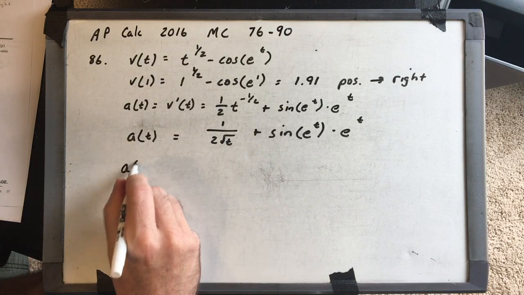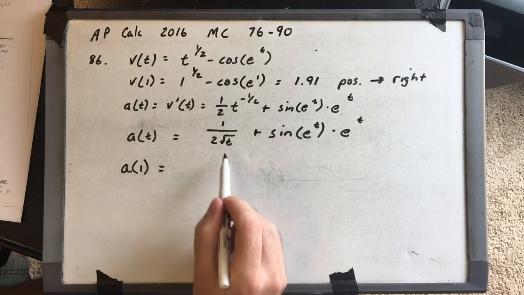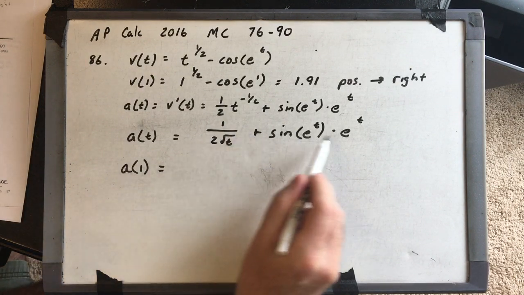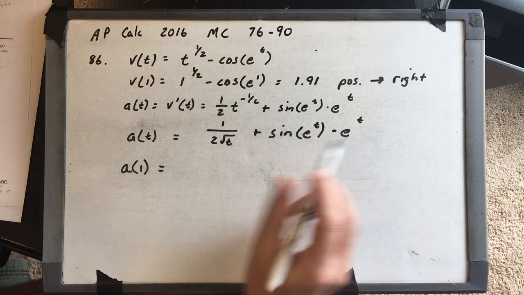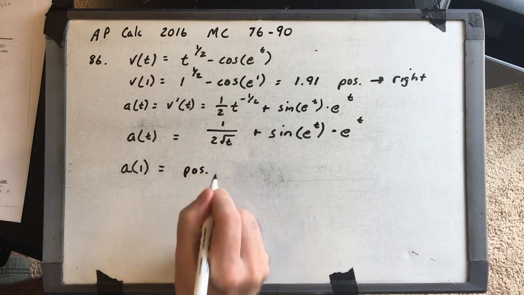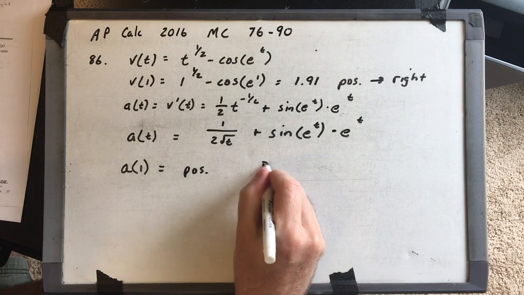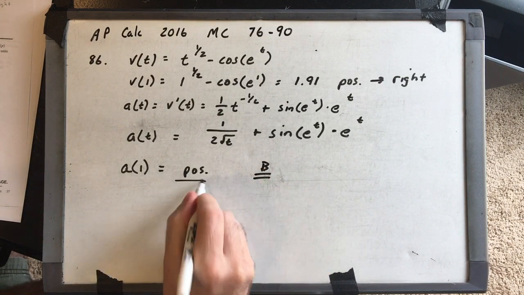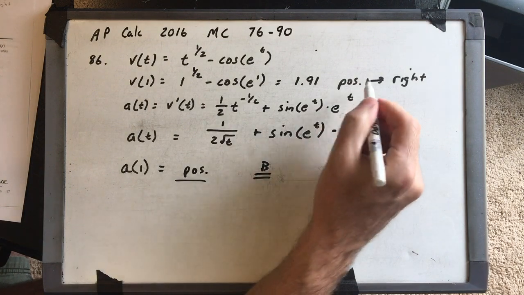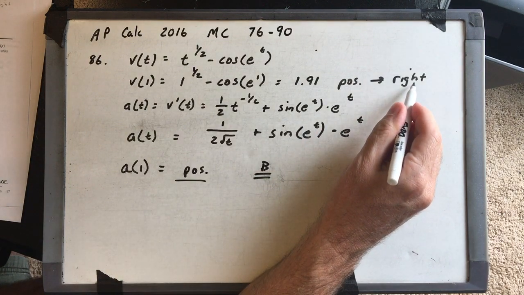Well, acceleration at 1, if we plug 1 into all that, it's all pluses, okay? So we know it's going to be positive. All right, so the answer is B. We have positive acceleration and we have positive velocity, which means to the right.